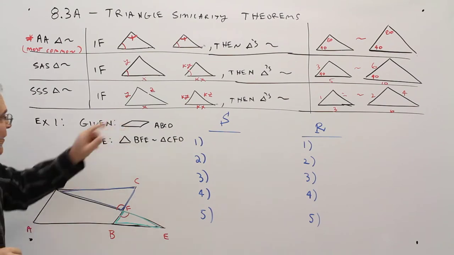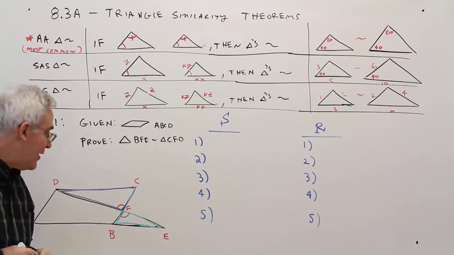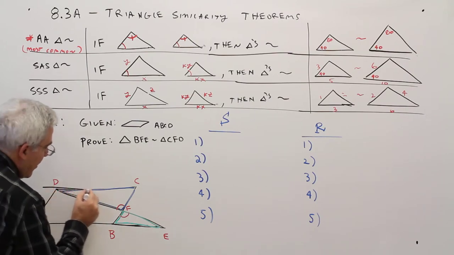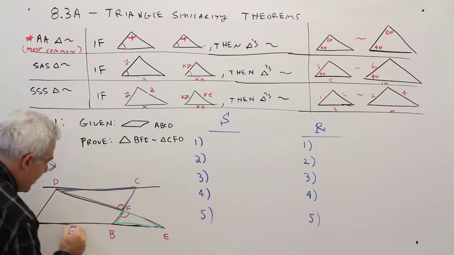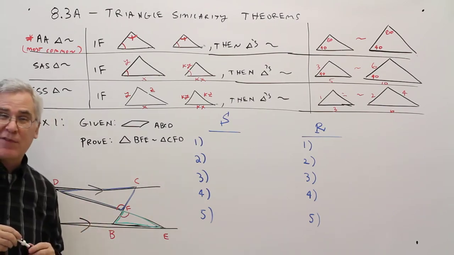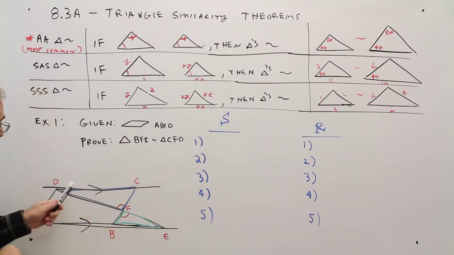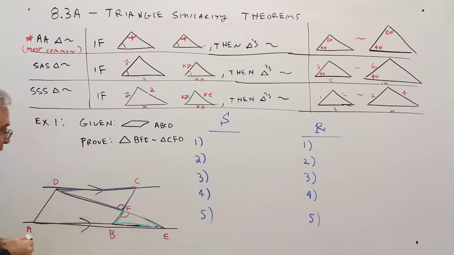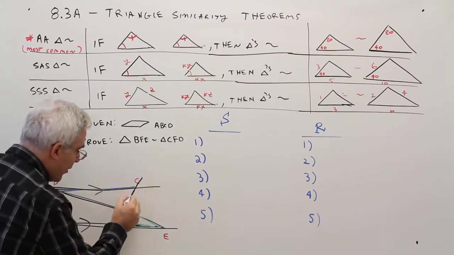Oh, they said that ABCD is a parallelogram. So that means this side is parallel to this side. I could have done other ones, but that's going to be the more interesting one. And then if I got those two sides parallel, I've got two different transversals I can look at. I'll just look at this transversal right here.